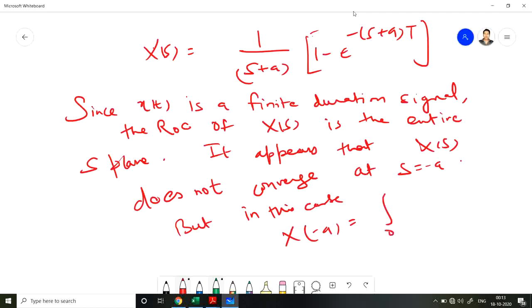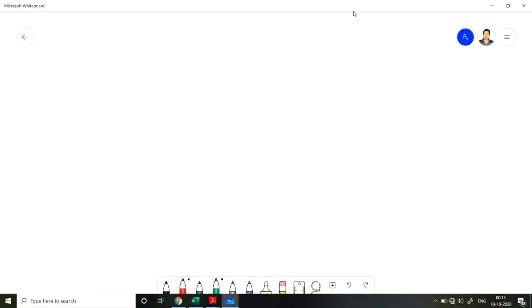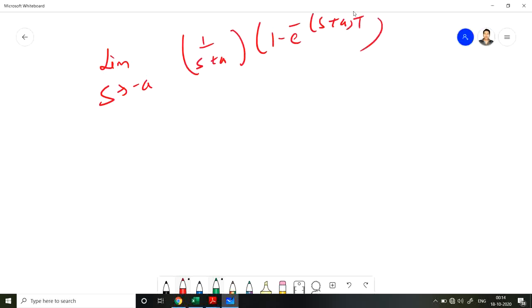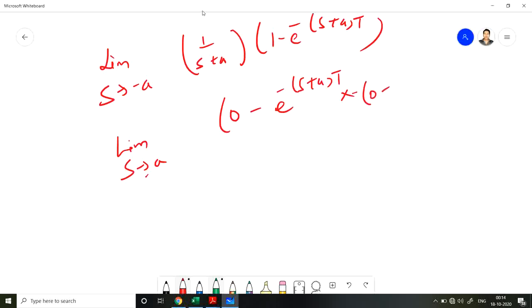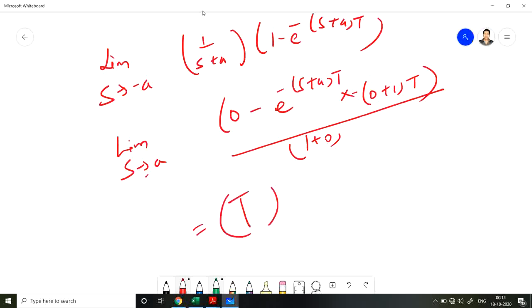X(minus a) is nothing but the integral from 0 to capital T of e raised to the power minus at times e raised to the power, just put s equals minus a in that expression, dt, and the calculation gives T. And if we apply the limit as s tends to minus a, 1 divided by s plus a, times 1 minus e raised to the power minus (s plus a) into T, then if we apply L'Hospital's rule, what will we get?